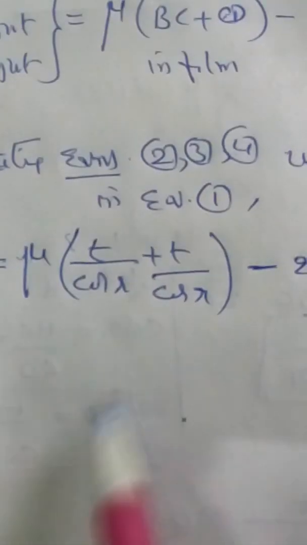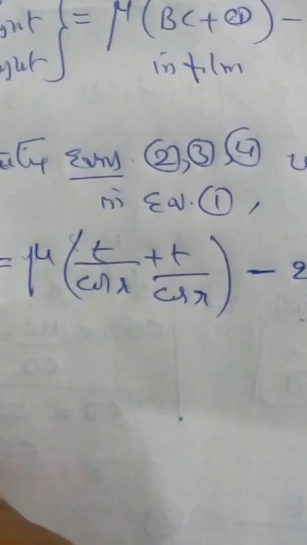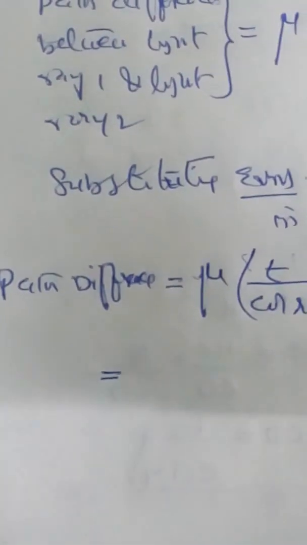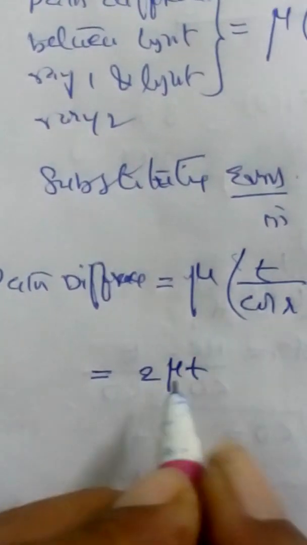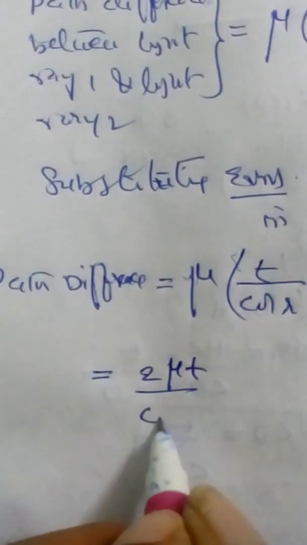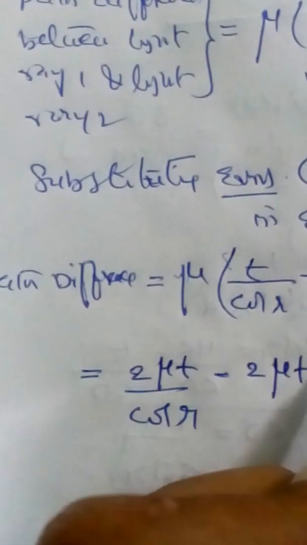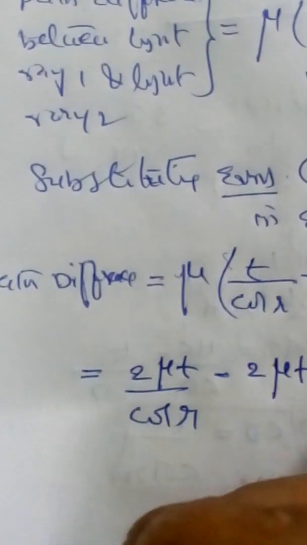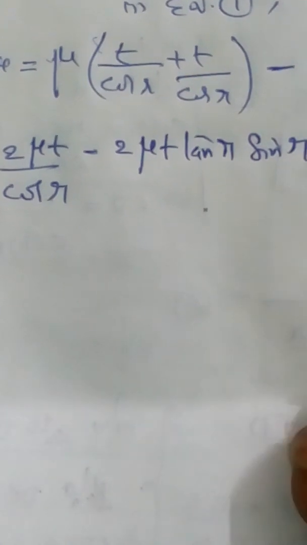Now if we expand it, T by cos R plus T by cos R is 2T by cos R. So therefore this becomes 2 mu T by cos R minus 2 mu T tan R sin R. Got it?